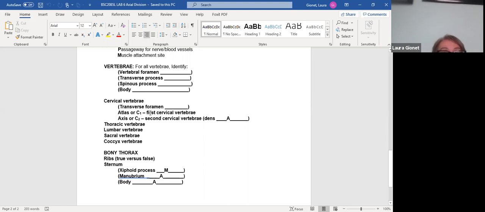Then we have atlas, C1, the first cervical vertebra. For the atlas, we just have you identify that bone as atlas or C1. And then the second cervical vertebra is called axis. The unique feature found on it is called the dens or the odontoid process.